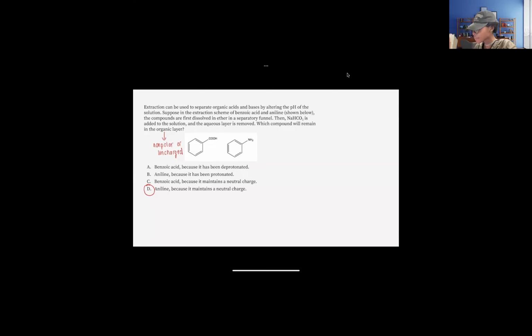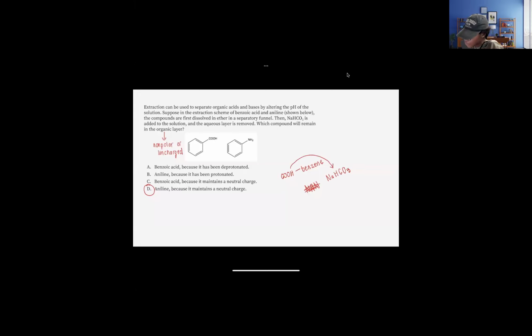Keep all of that together. But in the case of benzoic acid and sodium bicarbonate, which is a base, what's going to happen is benzoic acid will be deprotonated.